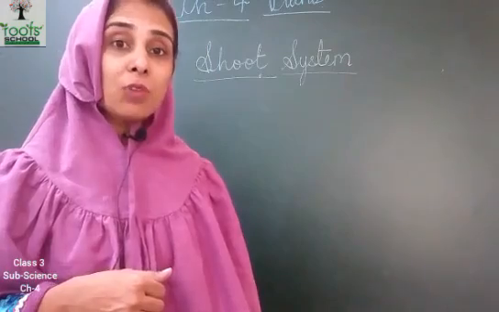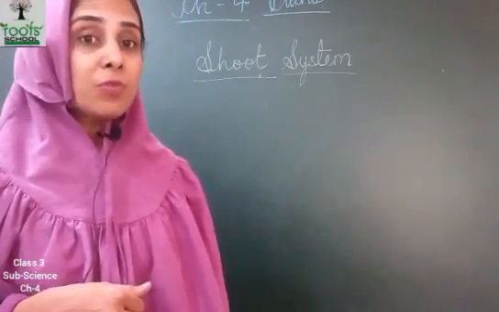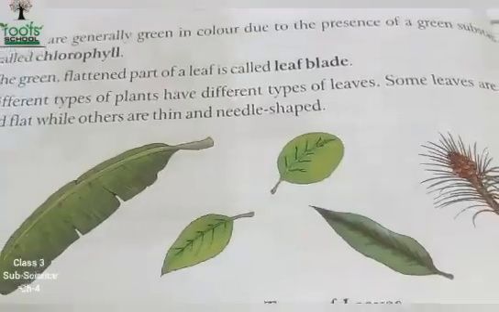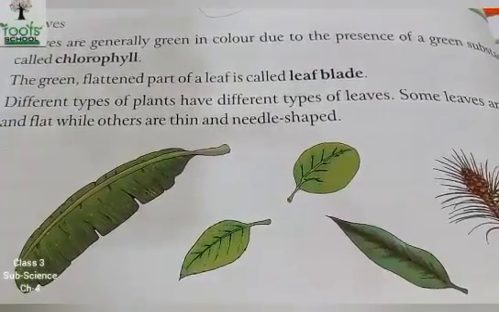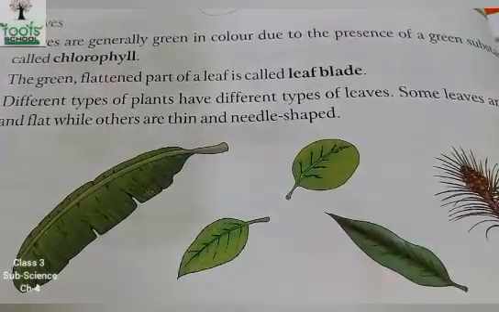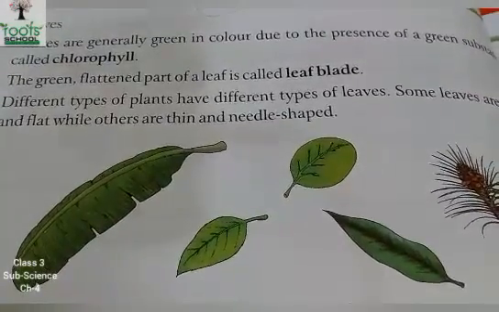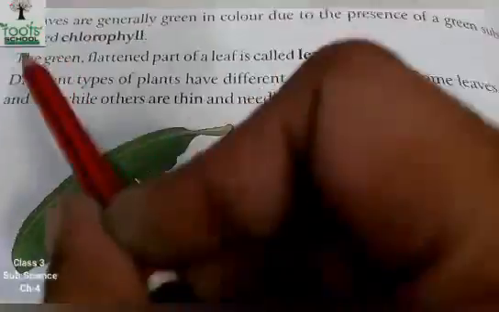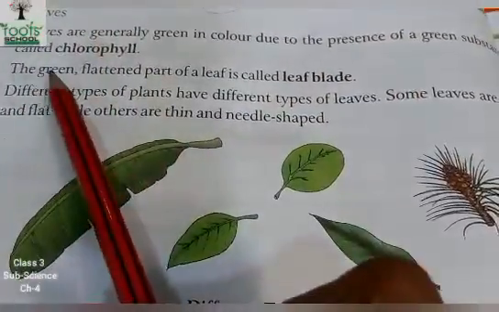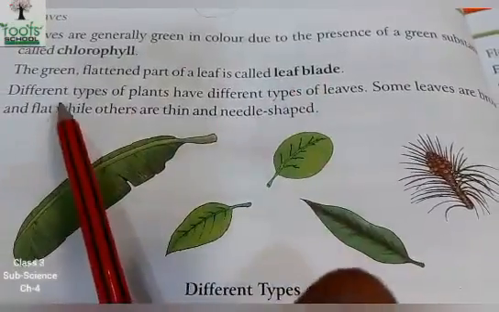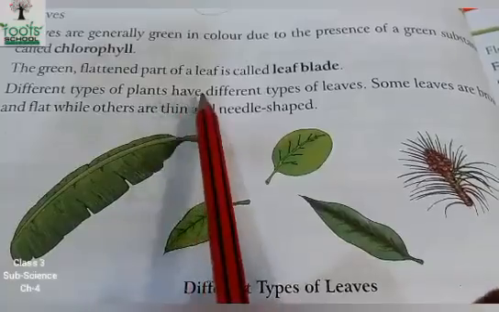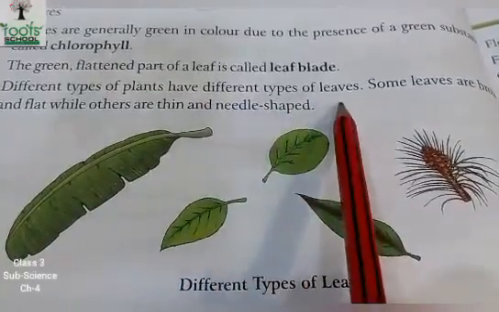Let us understand what leaves are. But first we will do the reading work. Now on page number 56 we will read about leaves. Leaves are generally green in color due to the presence of a green substance called chlorophyll. The green flattened part of a leaf is called the leaf blade. Different types of plants have different types of leaves.